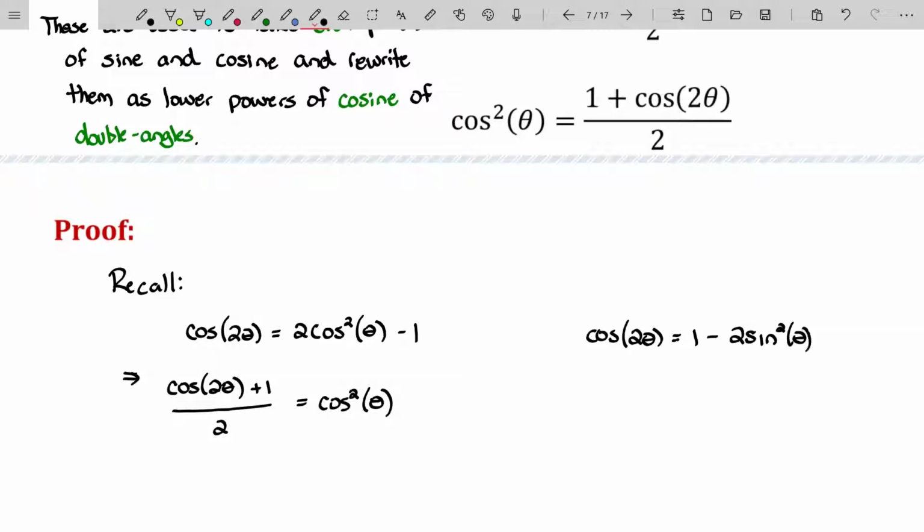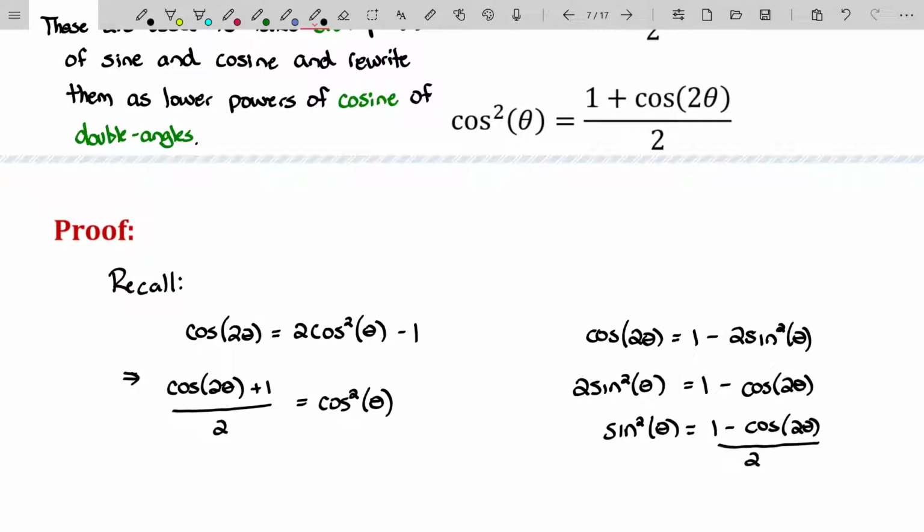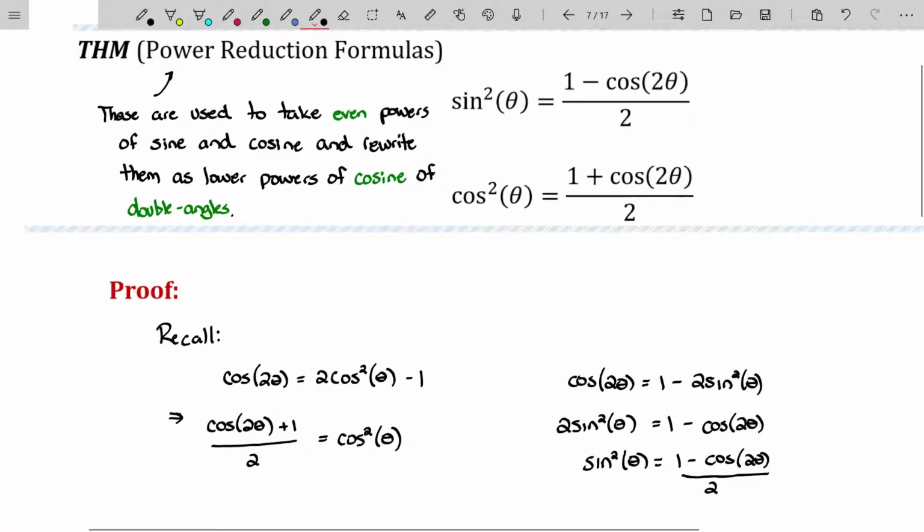You could technically add 2 sine squared to both sides and subtract cosine of the double angle from both sides, and then divide both sides by 2. And if you do that, you'll get the very first of the power reduction identities, which is this one up above. So both of them are very fast to prove.